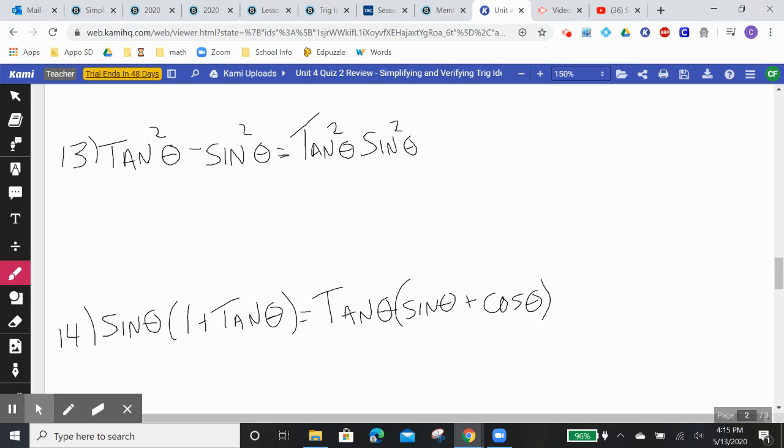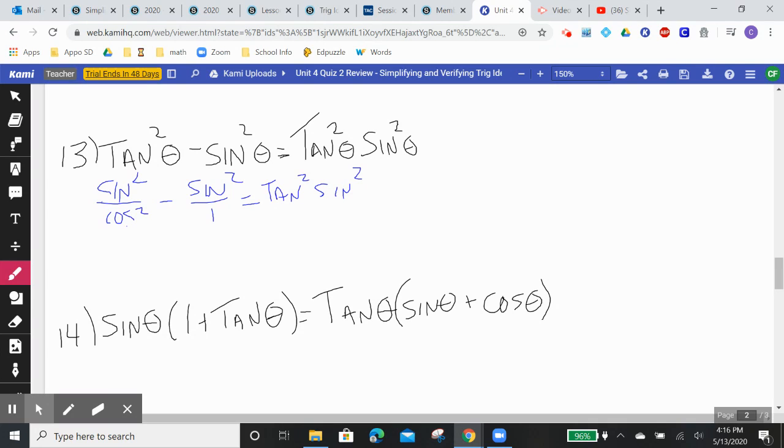Yeah, let's do that. Let's work with the subtraction here. Meaning, tan squared turns into sine squared over cosine squared minus sine squared over 1, and on the right, tan squared sine squared.